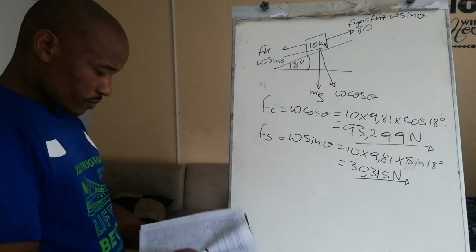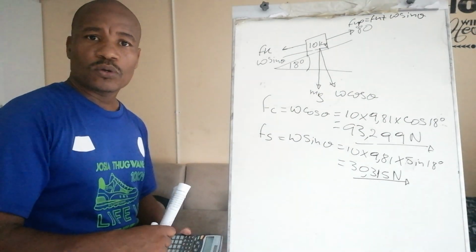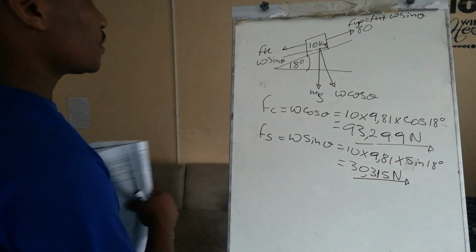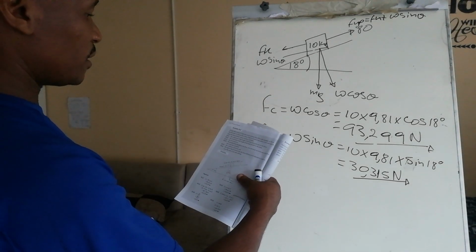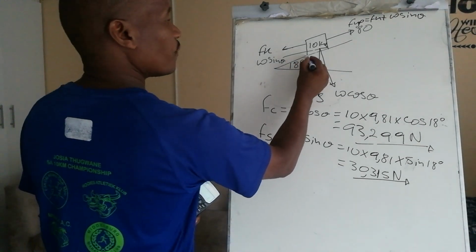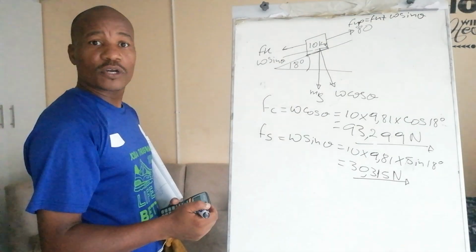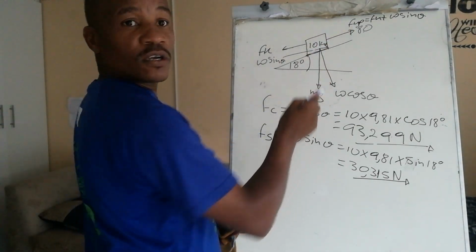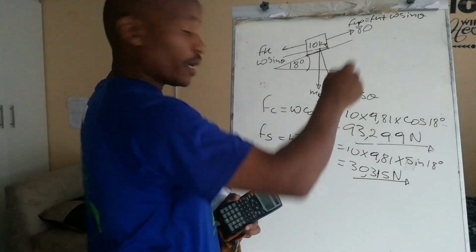Now, number 3, the frictional force. What is it that you are given? You are not given the coefficient of friction between this box and the plane. Not at all. But you are given the force that pulls this box upwards.